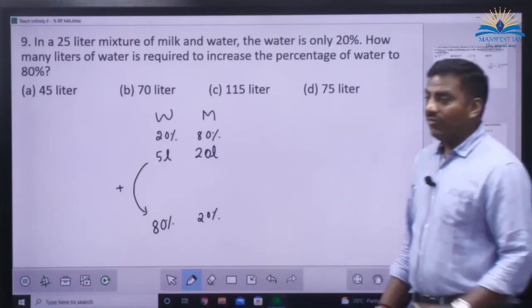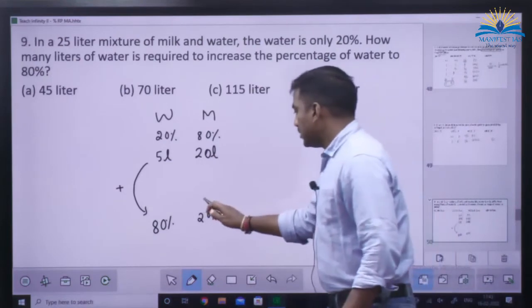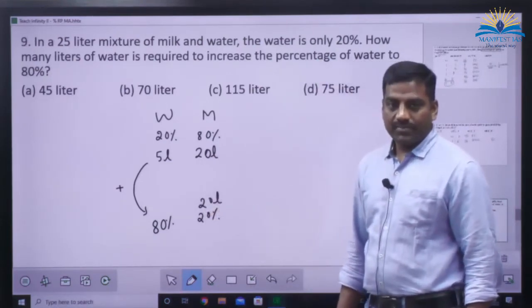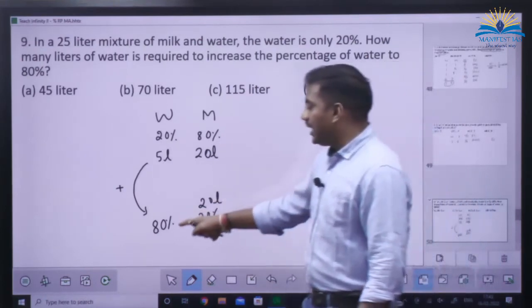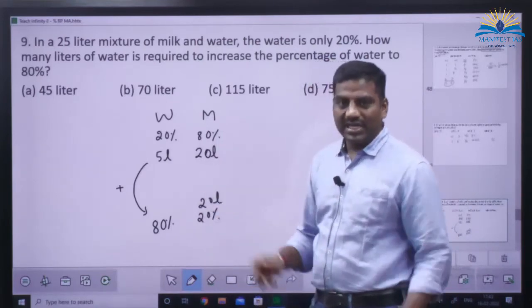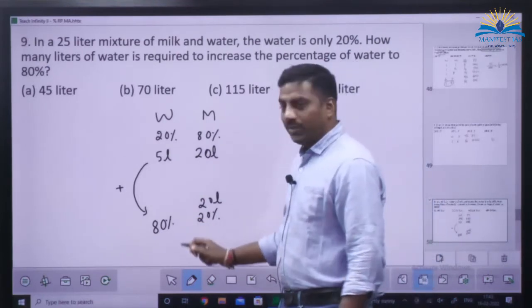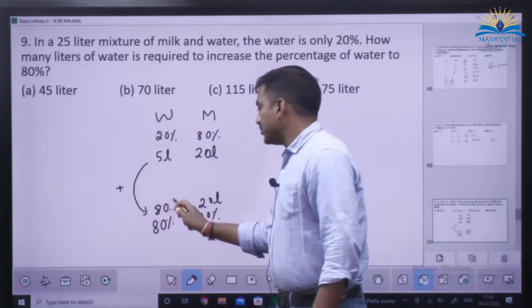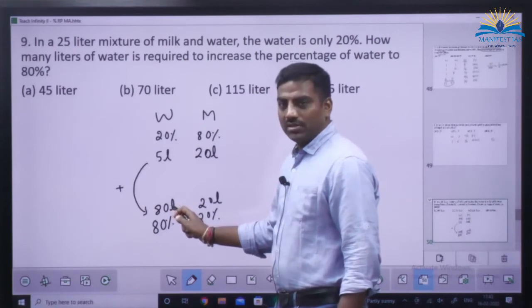Are we going to change the milk? 20 liters is intact, right? If 20% is 20 liters, what would be 80%? If 20% is 20 liters in a mixture, then 80% would be 80 liters. This is the new amount of water.